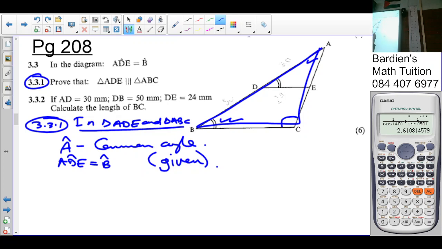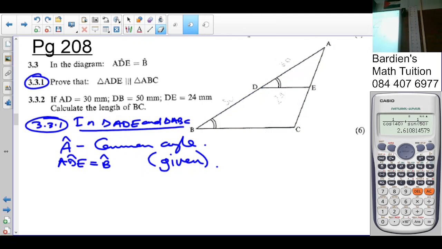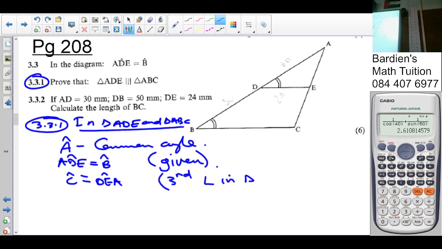In the other triangle we have accounted for D and A, so E is what's left. So what do I say? Angle C is equal to angle DEA. Why? Is that given to us? No. The third angle in a triangle.